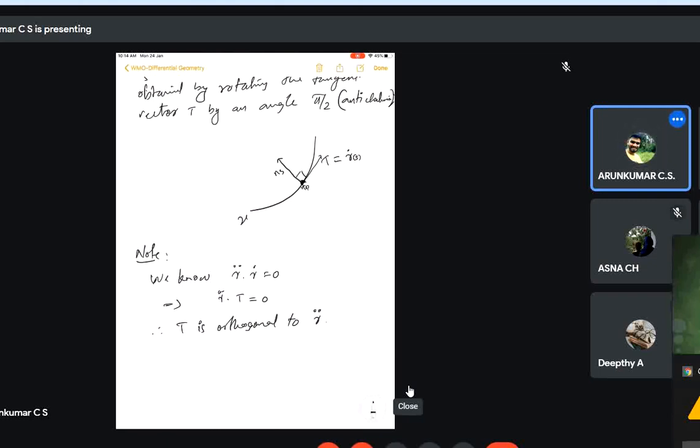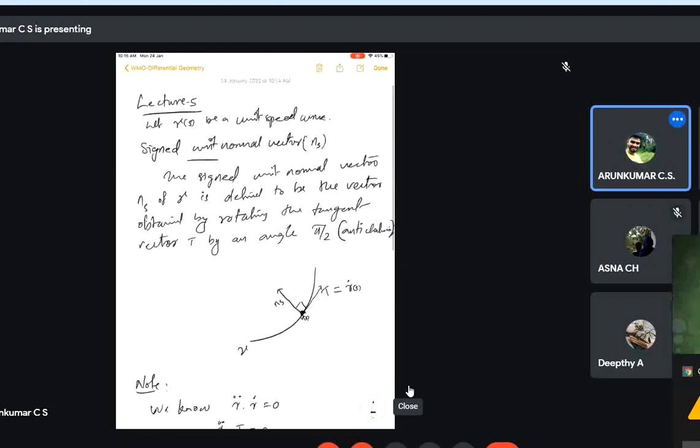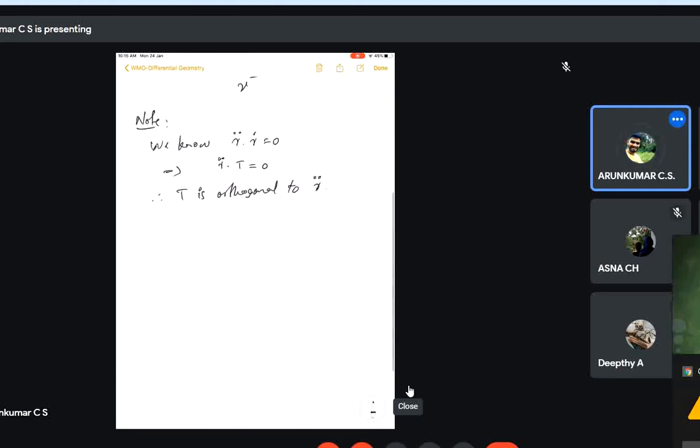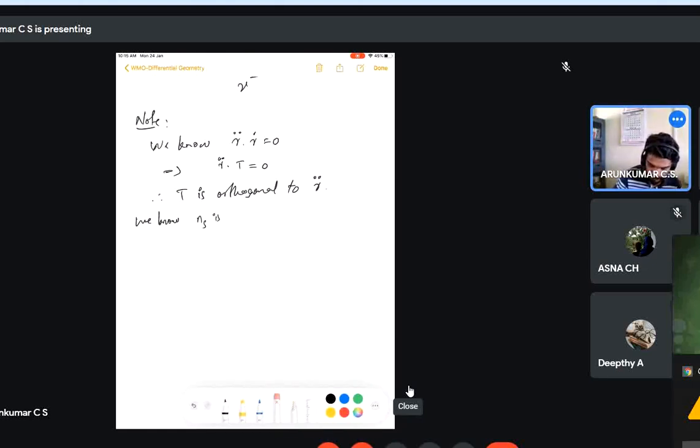Now, we were studying plane curves, right? This is in R2. So T is orthogonal to gamma double dot, and we know T is orthogonal to this normal vector Ns also, right?